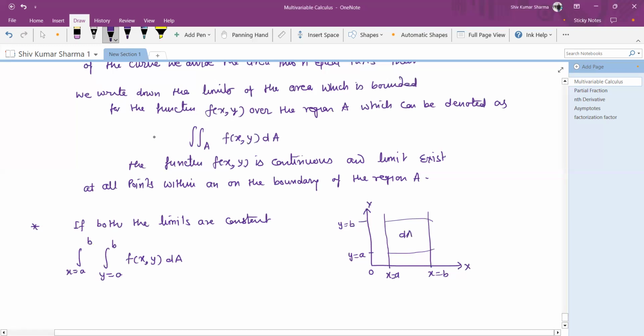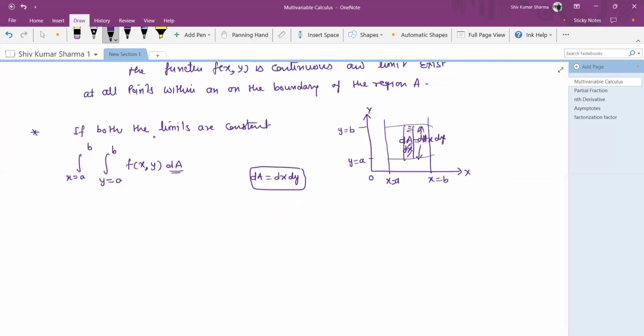The area of the small strip is length into width, so dx into dy. So dA is equal to dx dy. Remember this.